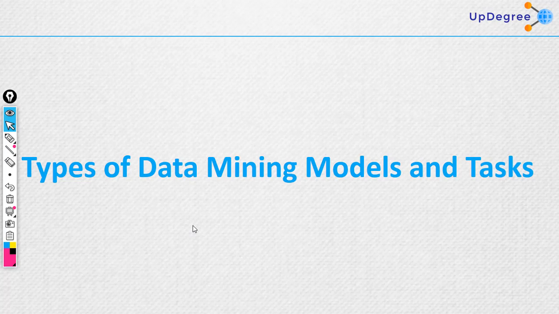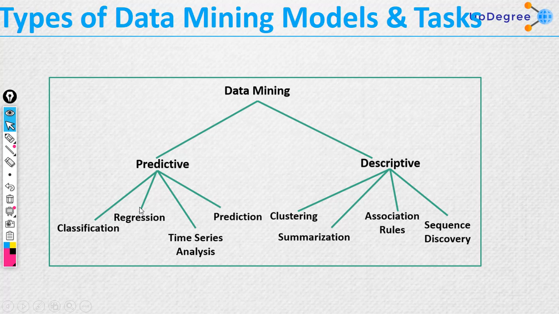Let us discuss types of data mining models and tasks. There are two types of data mining. The first type is known as predictive, and the second type is known as descriptive. In the case of predictive, as the term suggests, we will be going for predictions and forecasting, and prediction is one of the subtasks of this predictive type of data mining.